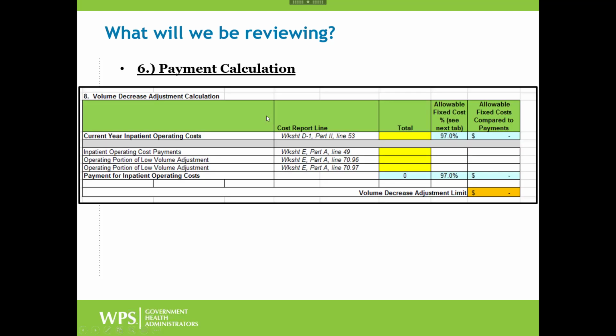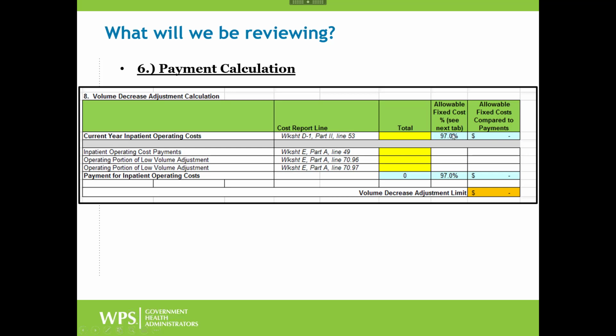Now, as far as the payment calculation, we're going to compare the current year operating costs themselves, D-1 Part 2, line 53, and we're multiplying that by the fixed cost percentage, which we're going to see in just a bit. So we only want the fixed cost portion of it. This example's just a random one.